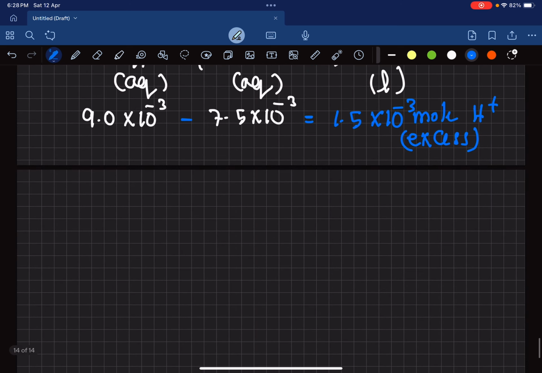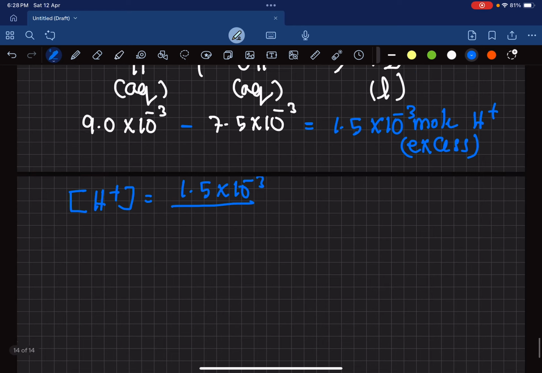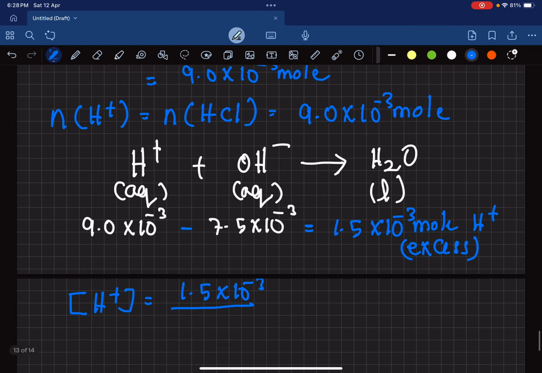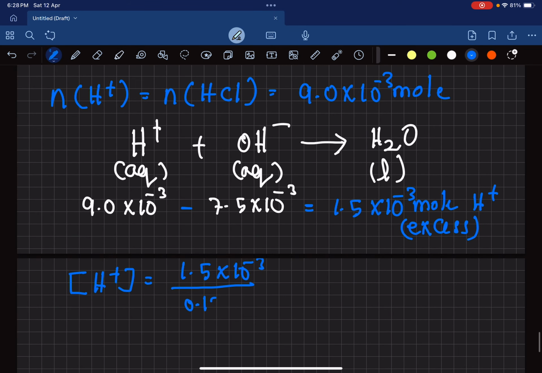So very easy. We are going to calculate the molarity of the hydrogen ions, which is going to be 1.5 times 10 to the power of negative 3 divided by, what was the liters just now? 0.125 liters. So this is mole. So I hope you remember molarity is mole over liter.